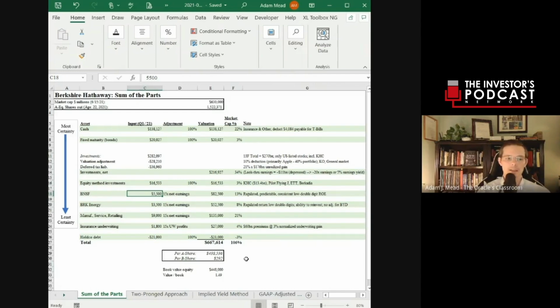How much do I want to get from the Burlington Northern Santa Fe? And so I've chosen 15 times net earnings. Burlington Northern, it's a regulated entity. It has predictable, consistent, almost utility-like earnings that will probably generate this low double-digit return on equity.